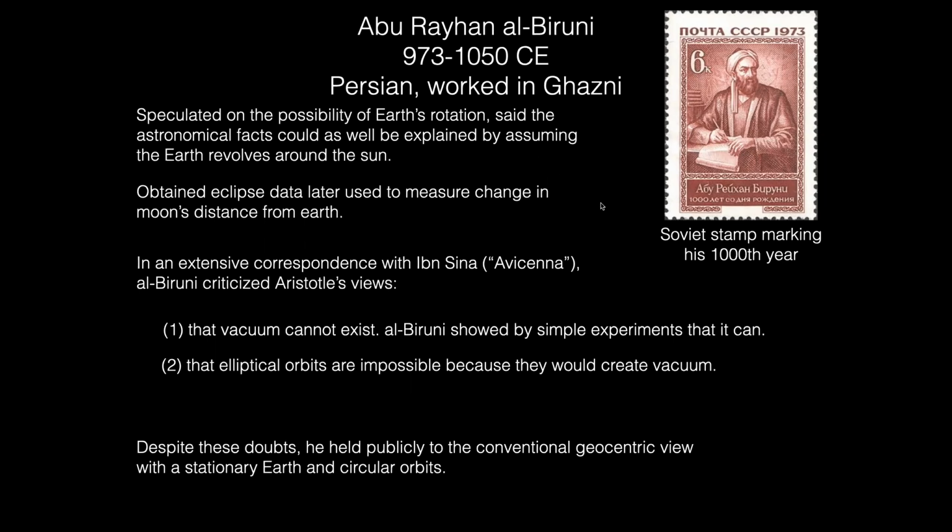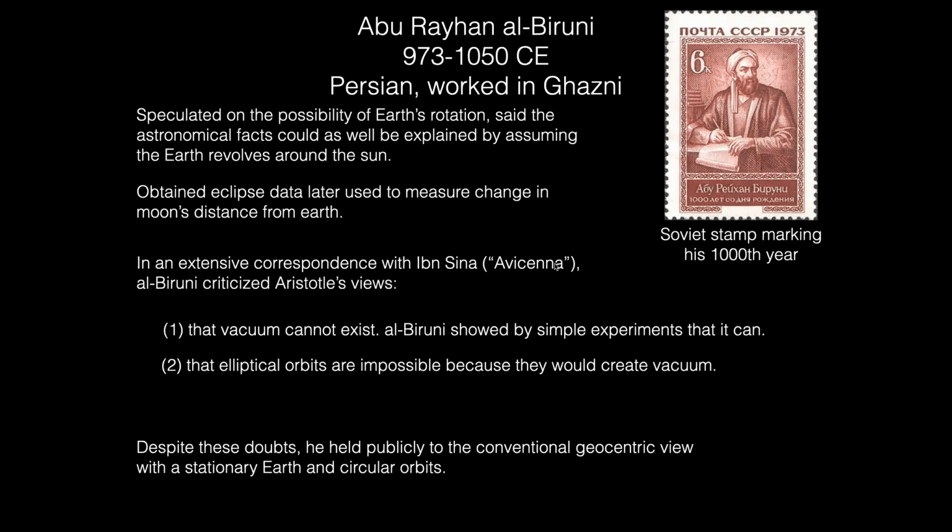He obtained eclipse data, which we have used in the centuries since to measure the change in the moon's distance from the Earth. Most of what we know of him is actually from an extensive correspondence that he carried on with Ibn Sina, whom the West knows as Avicenna.